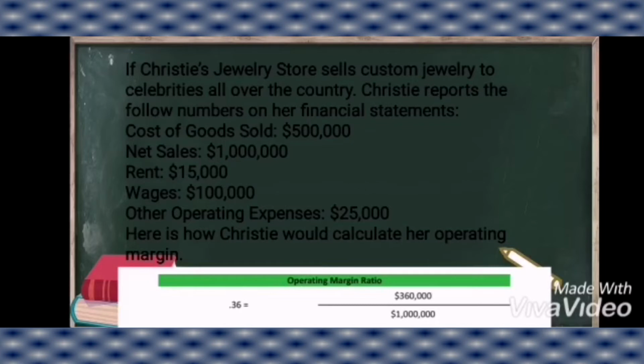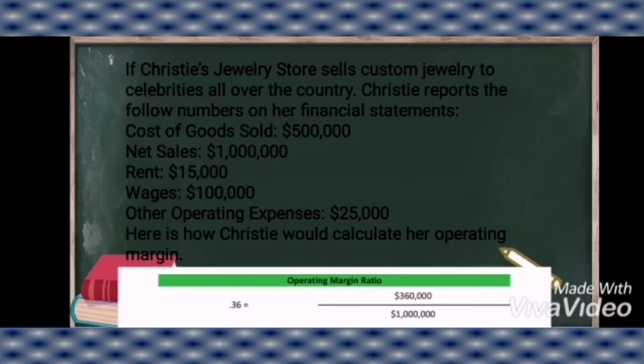Diba? Ang operating income, mao siya ang profit left after taking out mga expenses. So, ang atong starting point dinhi is ang atong net sales, which is ang 1 million. So, kani si cost of goods sold, si rent, si wages, ug si other expenses, i-plus nato na siya. So, pag plus nato niya, ang mogawas kay $640,000.